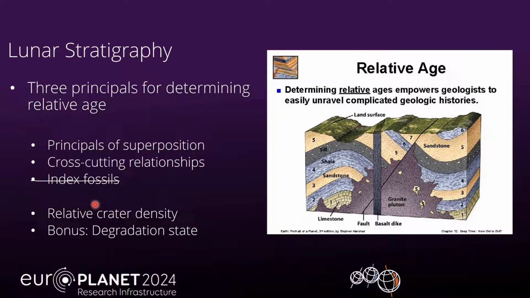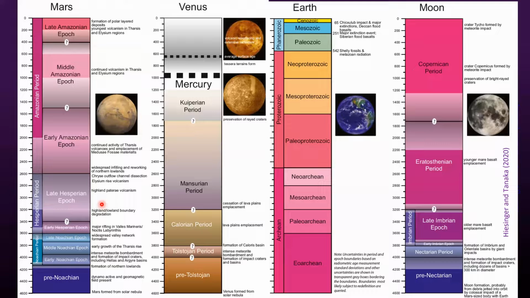And also there's kind of a bonus, a 4th option, which is to look at the degradation state, particularly of the craters, but you can also look at the degradation state of other kinds of surfaces to help give you a relative age idea.